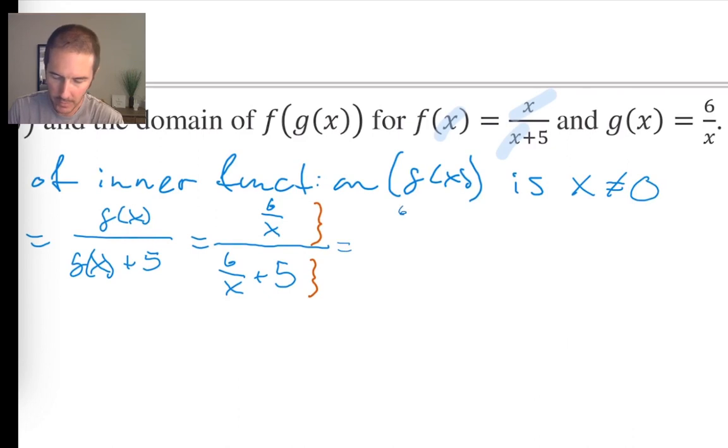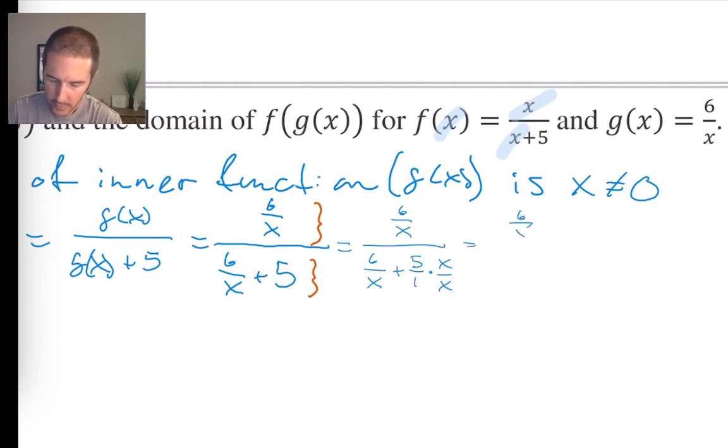So I'm going to leave my 6 over x as it is in the big numerator, and in my big denominator I'm going to write this as 6 over x plus 5 over 1 times x over x. And that's going to help me create a common denominator in my big denominator.